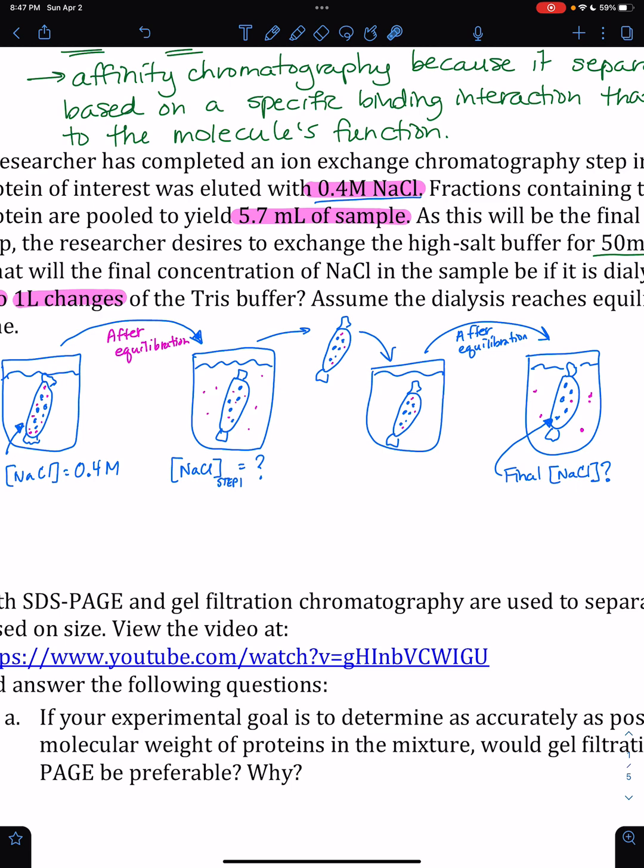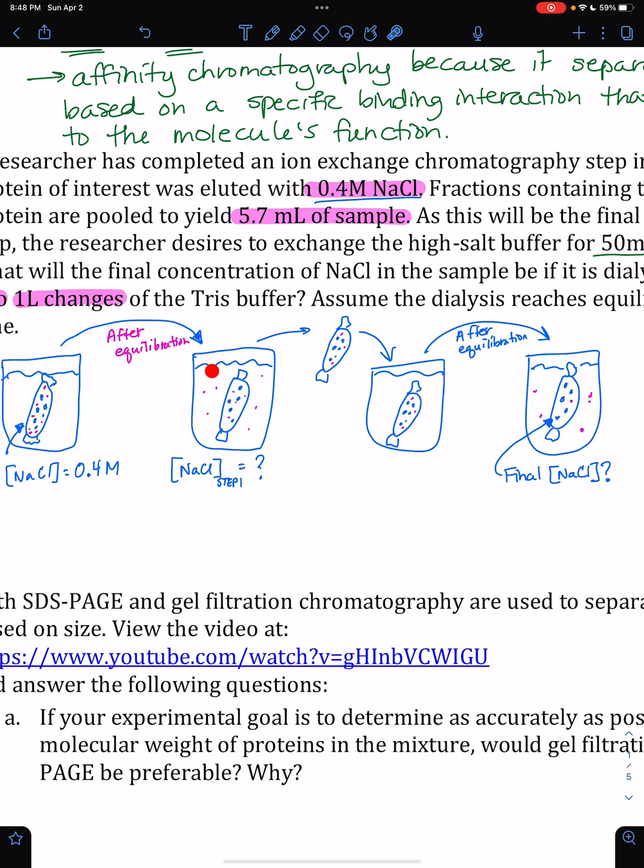So now the concentration of the bag that I put in here into step 2 before equilibration is going to be what it was at the end of step 1. Now, if we look at what the molecules did in a step, we have a certain number of molecules here, and right now they're just in the volume of the bag.